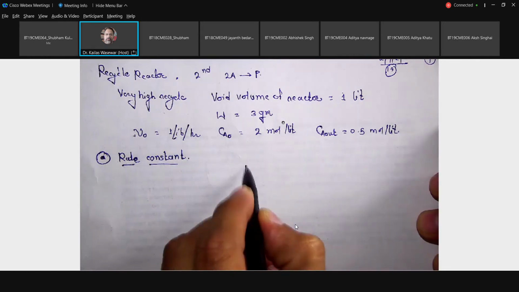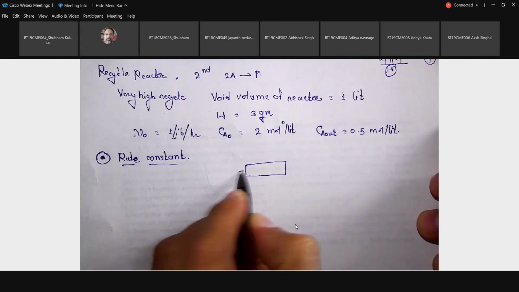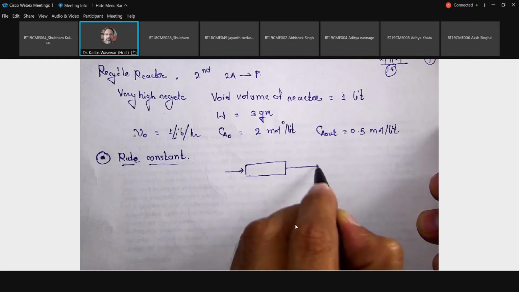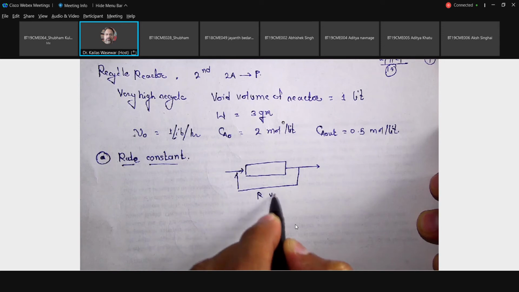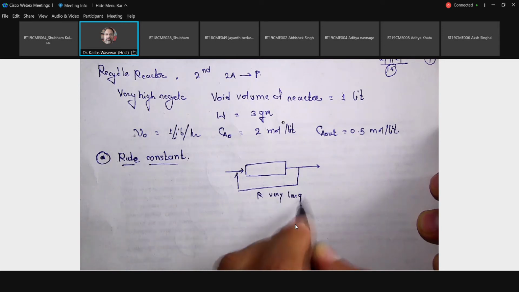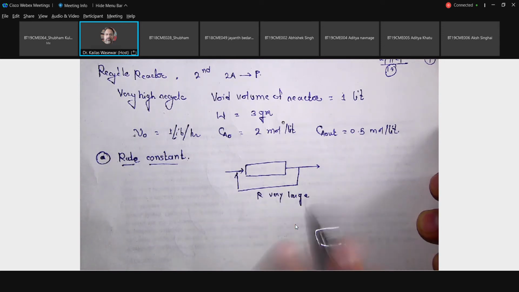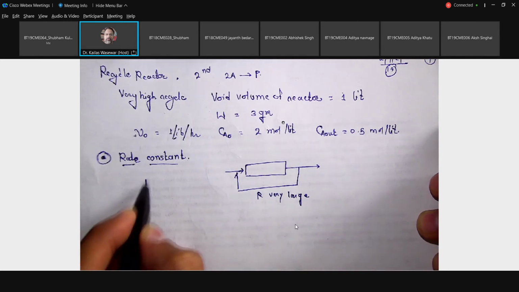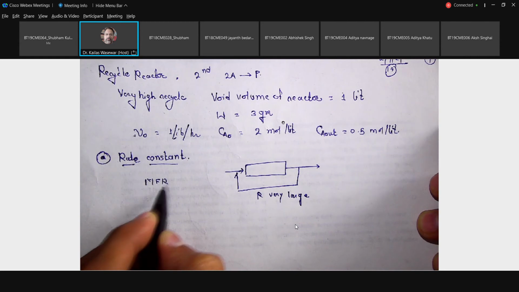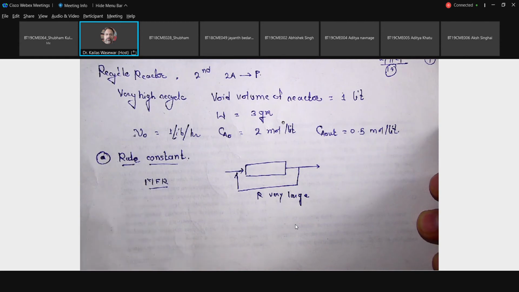It is a recycle reactor, and this R is very large. So if R is very large for this recycle reactor, it approximates to a mixed flow reactor. So it is a very simple equation. Here, the total volume of the reactor will not play a role, but the weight of the catalyst will.